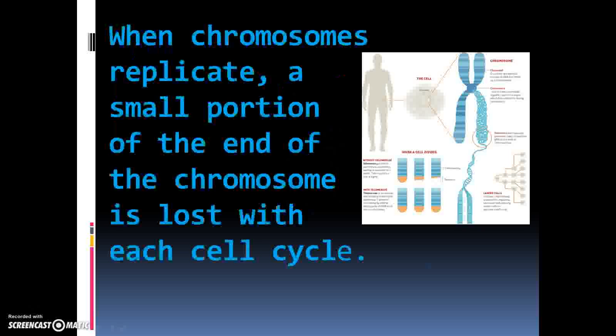Okay, so the problem is every time we go to replicate, we lose part of our chromosome. Like I said, for some reason, our cells don't do very well replicating the ends of our chromosomes. So that's going to be a problem if you're losing pieces of DNA every single time you divide.